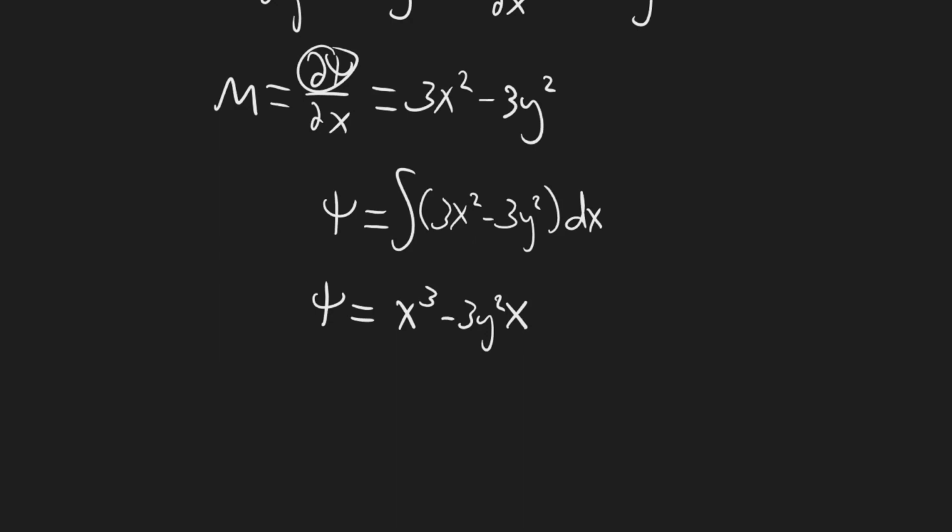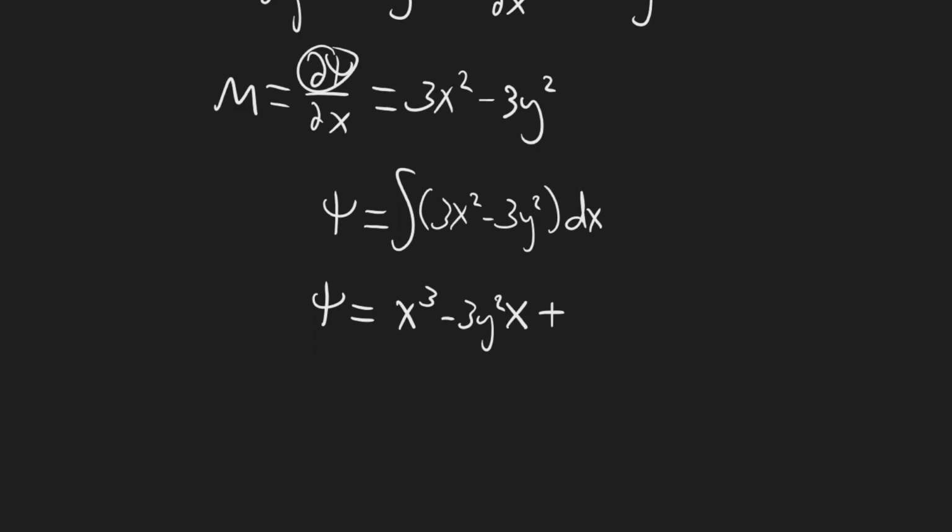So this is going to be our psi, but there's a little bit more of a difficult constant of integration here. And in fact, it doesn't need to be a constant because of the fact that this was a partial derivative up here. So remember that if you take the partial derivative of a function with respect to x, then anything that wasn't x totally disappears. So for example, partial sine of x, partial y, is just going to be 0.